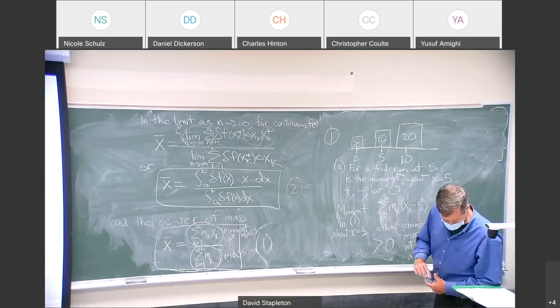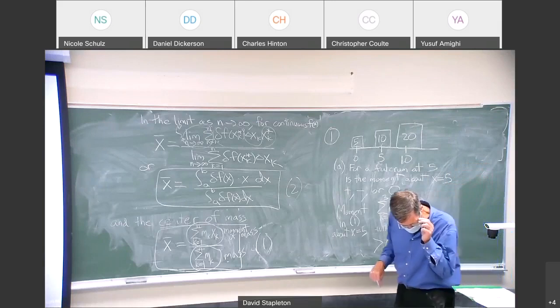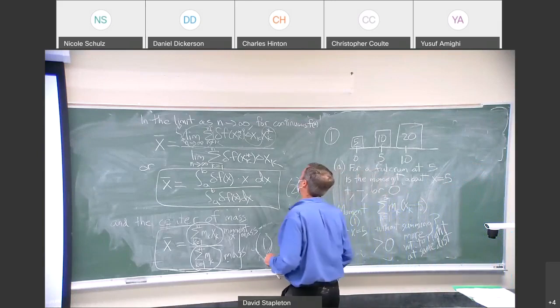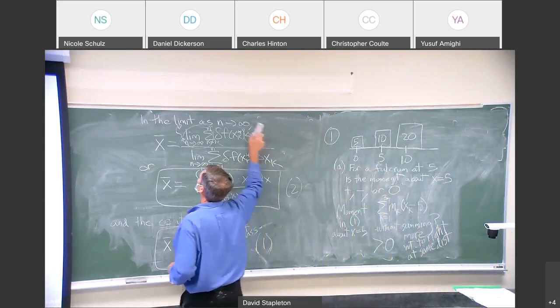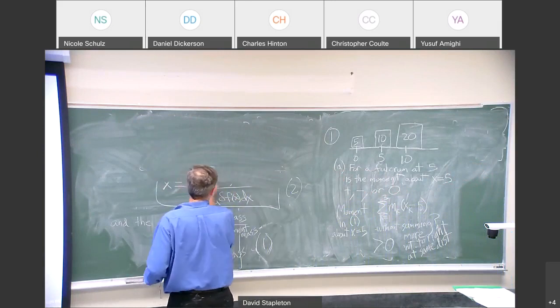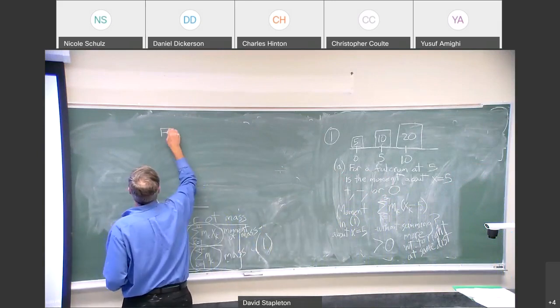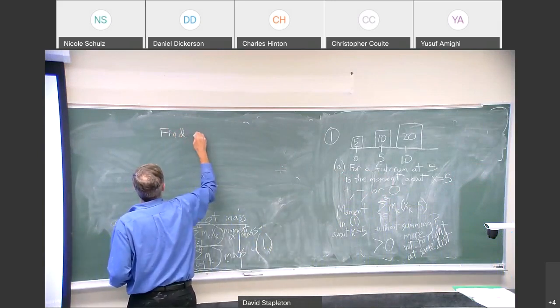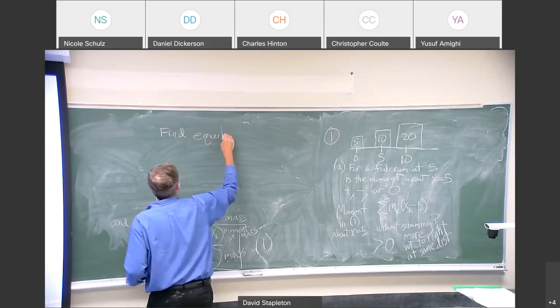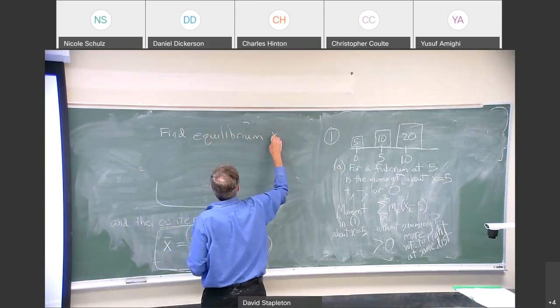And then part B says, where shall the fulcrum be placed so that the beam is in equilibrium? Here we can just use formula 1. Find the equilibrium position, x bar.